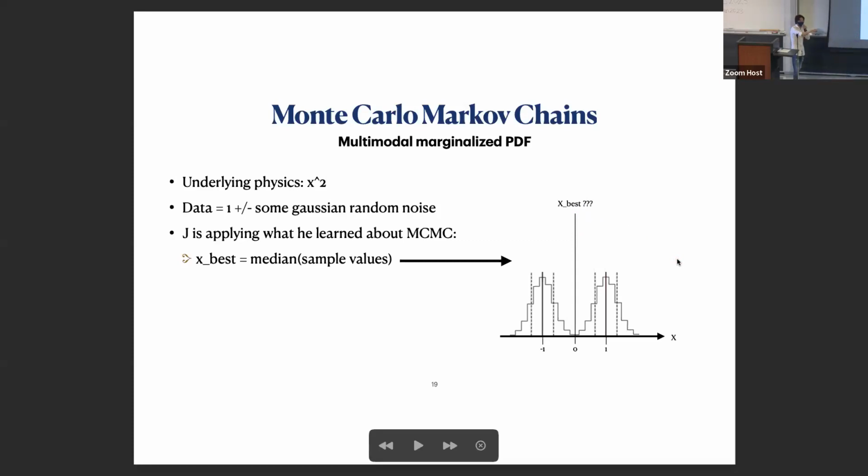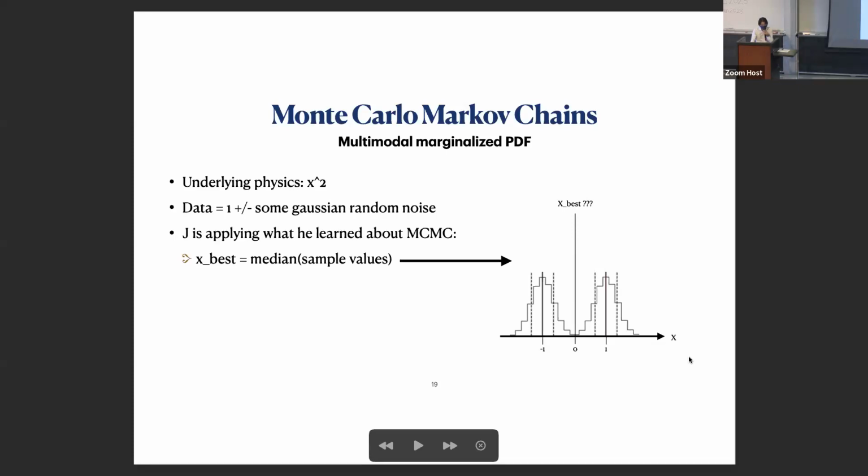And it's fairly obvious in this example, but how many times I've seen correlation plots that are absolutely not Gaussian, that have multiple modes in there, and people just lay down the median of my chain without any caution, without even looking if their marginalized posterior distribution function, probability density function, is nearly Gaussian or nearly symmetric at all.